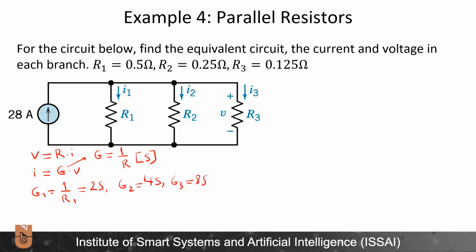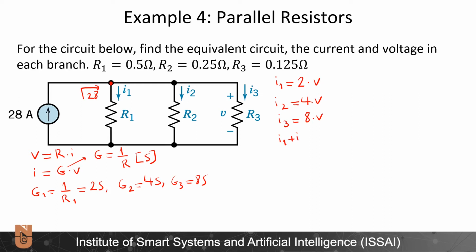Now, when we write this, I can just write these equations. I1 is equal to G1, which is 2 times V. I2 is 4 times V, and I3 is 8 times V. Then I can write Kirchhoff's current law for this node. 28 amperes is entering, and I1, I2, and I3 are getting out.